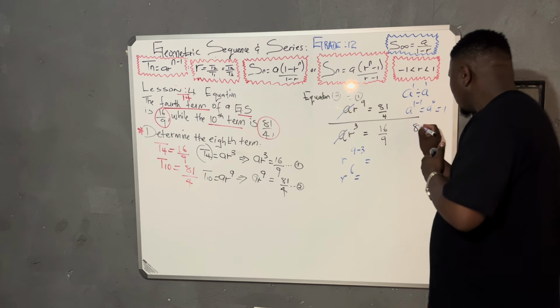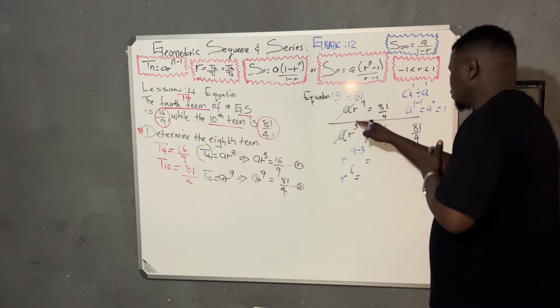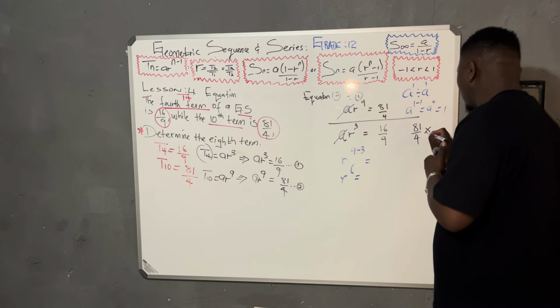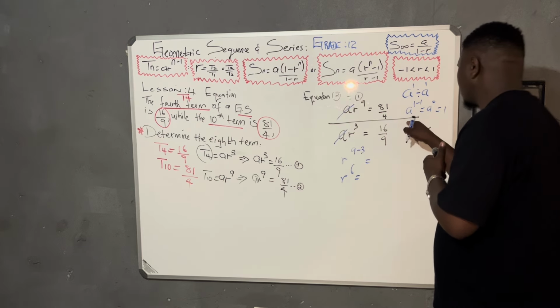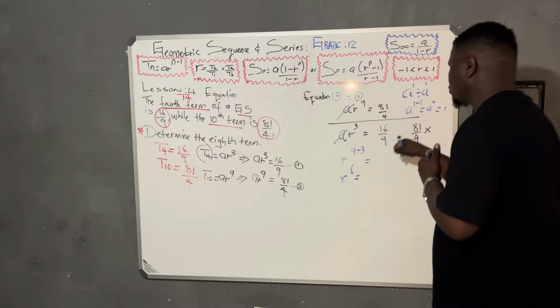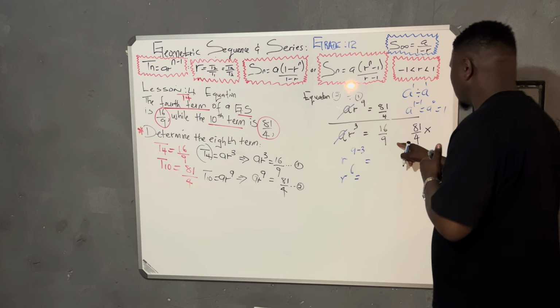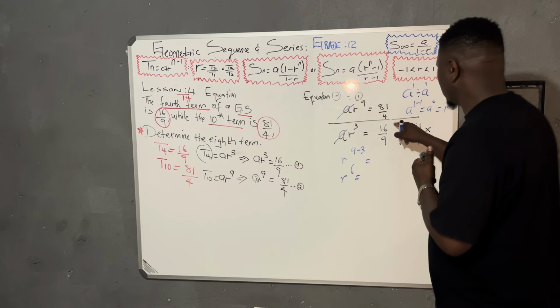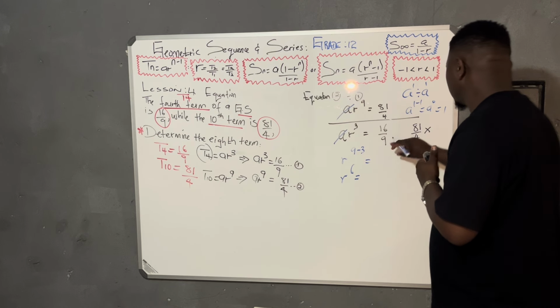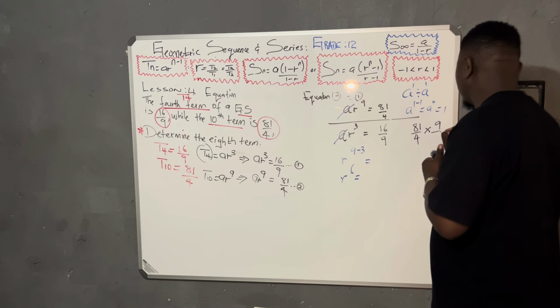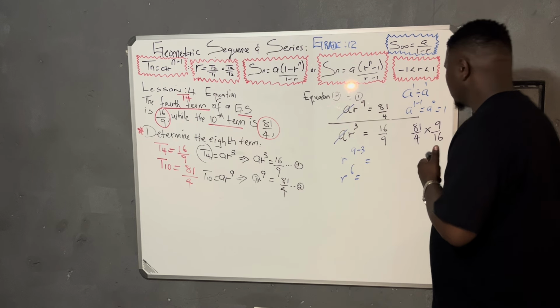Like 81 over 4, due to this division, we change the sign, and if we change the sign, we also switch numerator and denominator, vice versa. So I'm going to say 81 over 4 multiplied by 9 over 16.